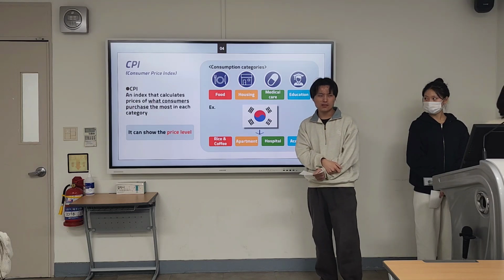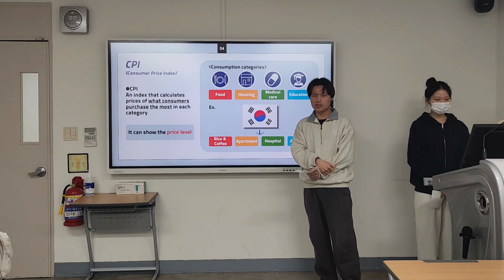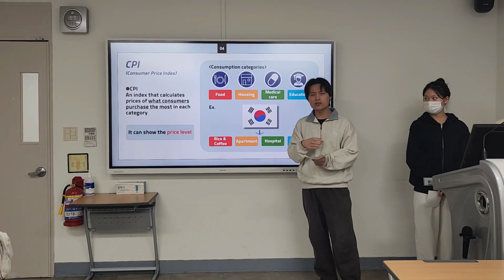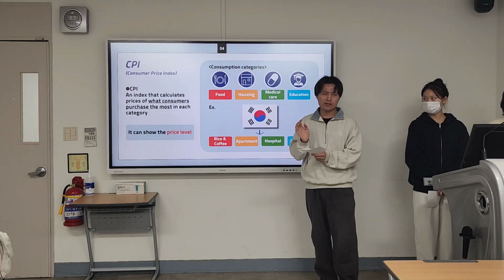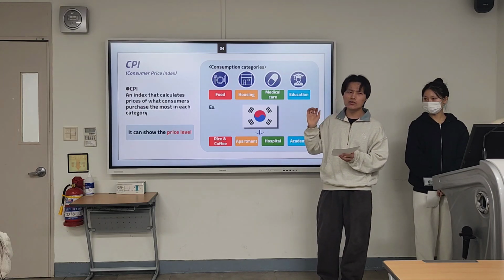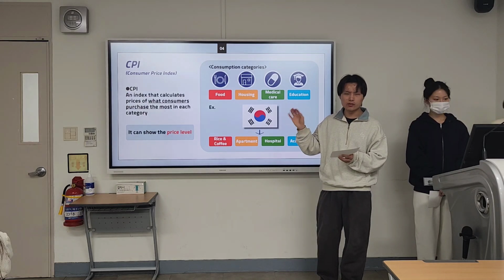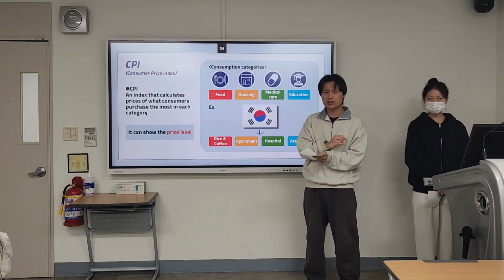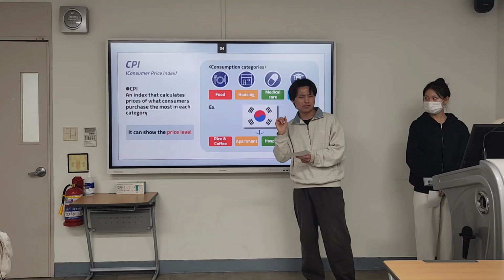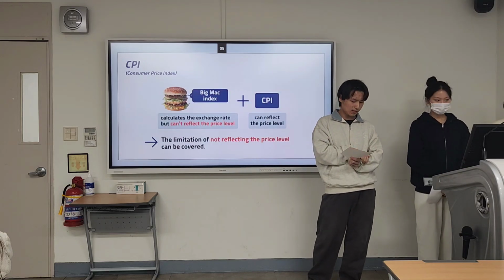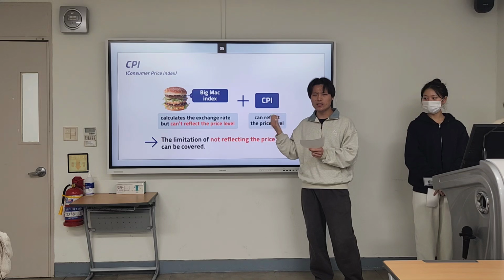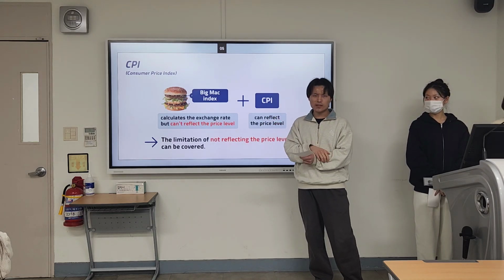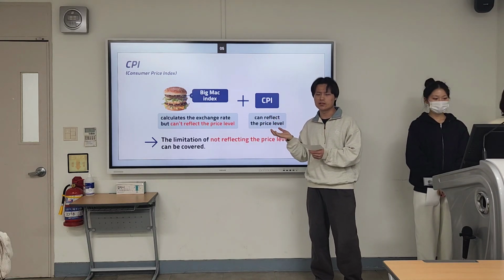With this method, the exchange rate can be calculated pragmatically and practically. It's because the more commonly consumed items are, the more influenced by the exchange rate their price level is. So with this function of CPI, the Big Mac Index can overcome its limitation.